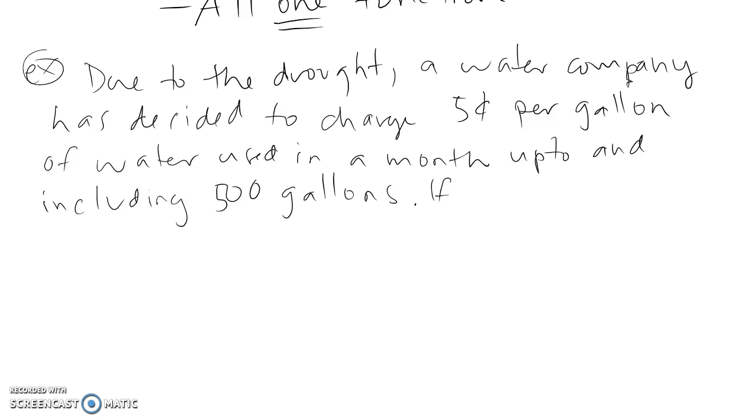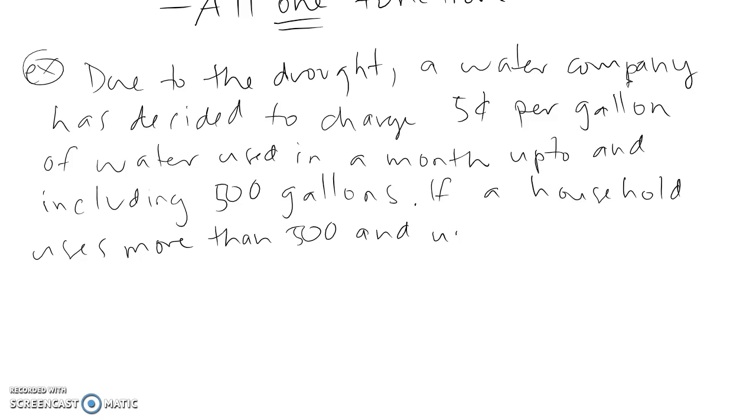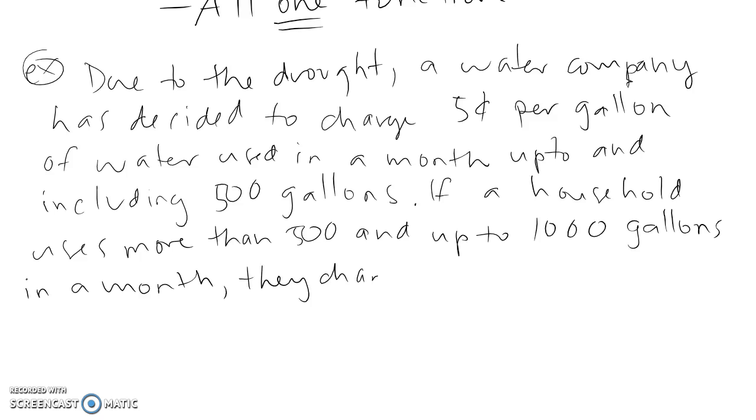If a household uses more than 500 gallons, 500 and up to 1,000 gallons in a month, they charge 10 cents per gallon, 10 cents per gallon over 500.